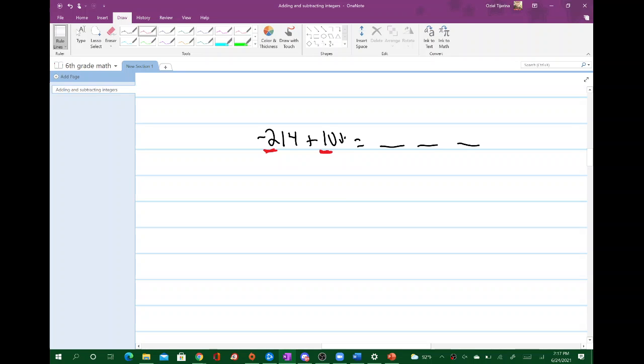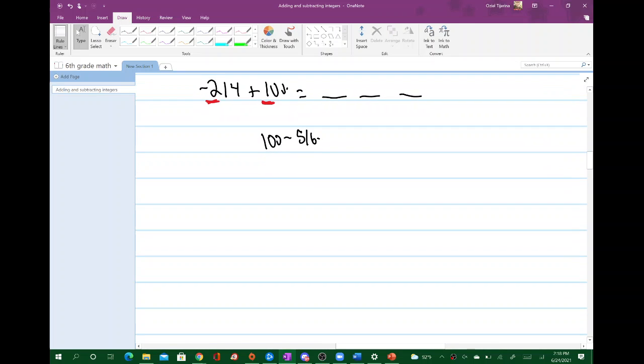Or let's say they give you 100 minus 516, right? And you're like, whoa, how do I do that? You're gonna do 100 plus -516. Now, I know that for this you can't really do a t-chart.